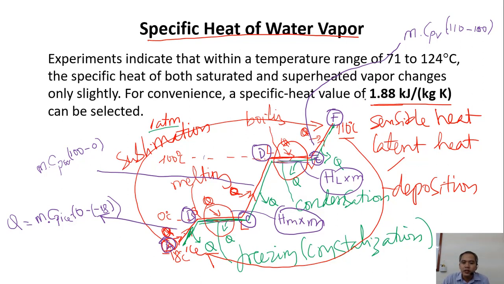Right, so this is the specific heat of vapor. Specific heat of liquid would be 4.18. Specific heat of ice is somewhere around 2. The accurate number we will see somewhere else, or you can search in a book.